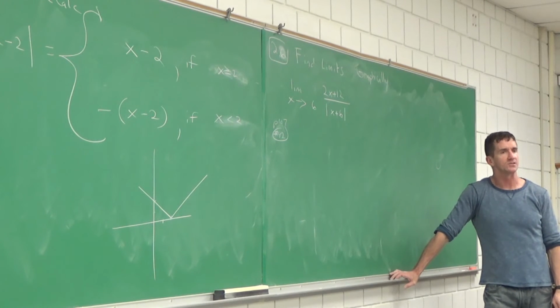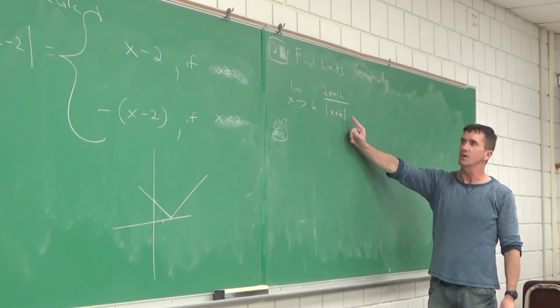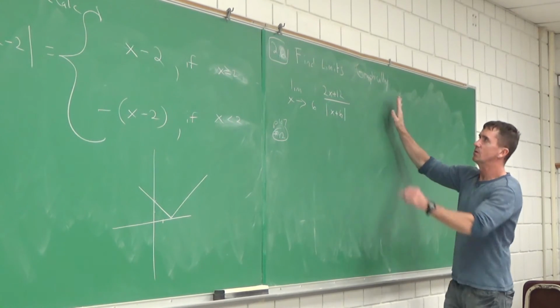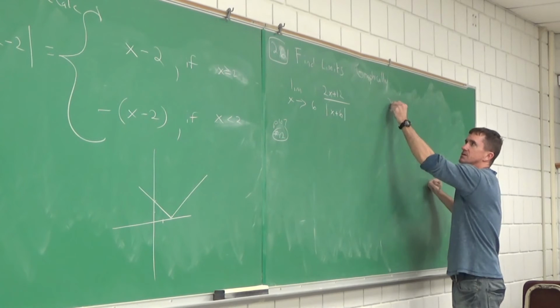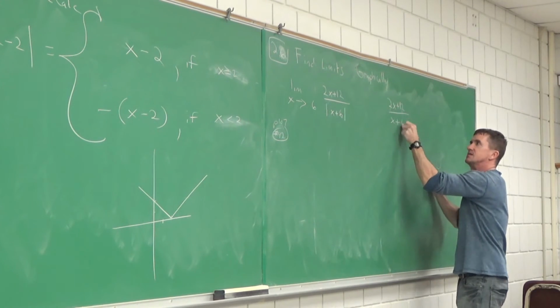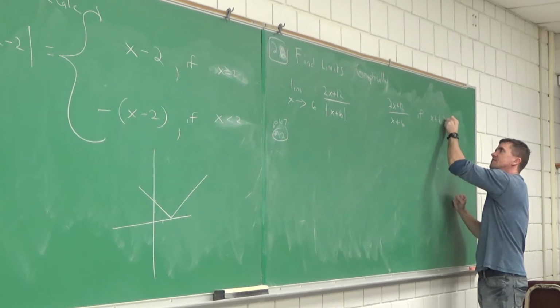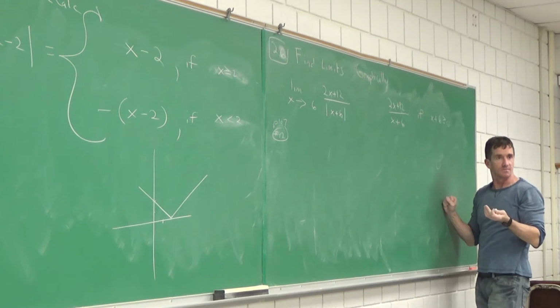Well, I want to make this graph. Well, can you help me write this expression? What is this equal to? Well, this is equal to 2x plus 12 over x plus 6 if x plus 6 is greater than or equal to what? Is that what I heard?